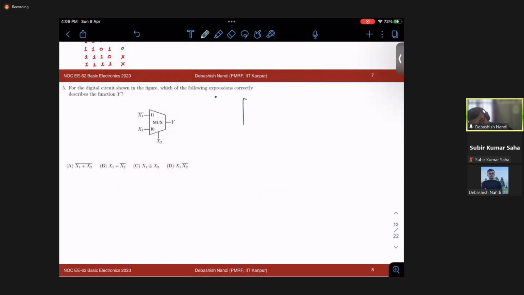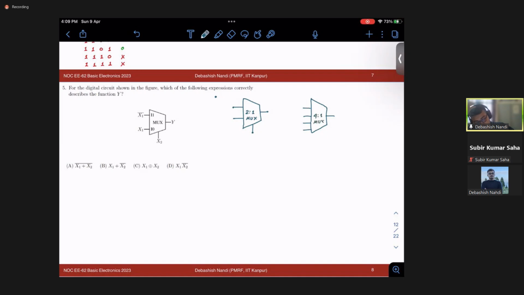Suppose you have a block something like this. This is a 2:1 mux. Similarly, you can have a 4:1 multiplexer also. Let me explain it for the sake of it. 4 inputs, 1 output.